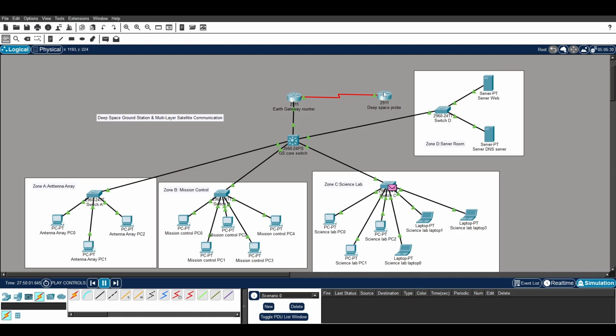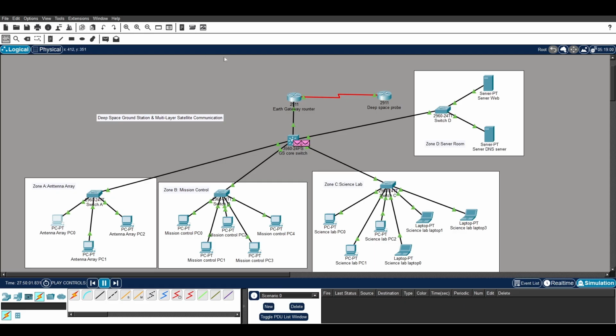So the deep space will pass down the data to the Earth gateway router and pass down to the GS core switch, which passes down to switch B and passes down to any of the PCs. So any of the PCs can actually get the satellites, which are the space probes. So you can see literally all the PCs.